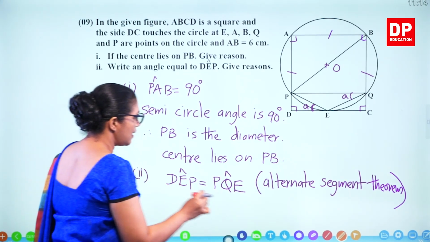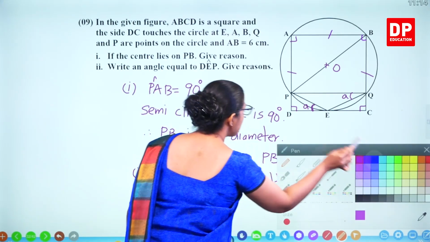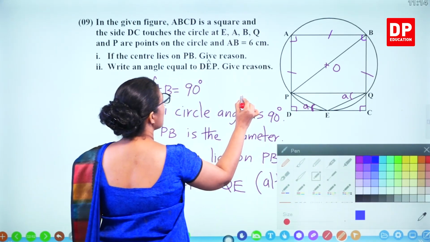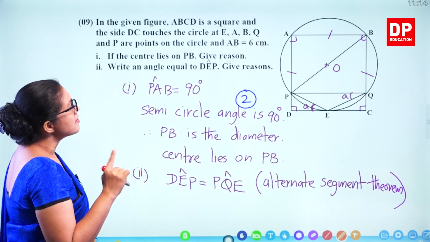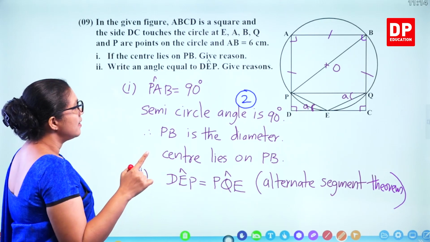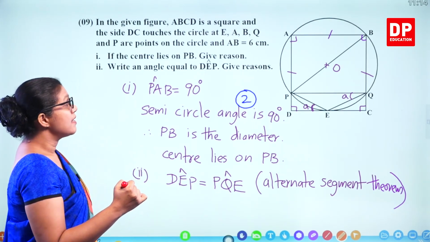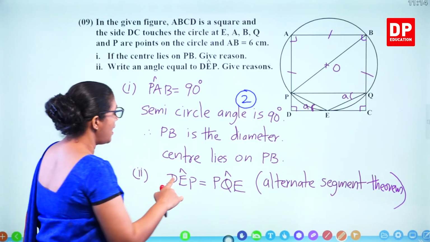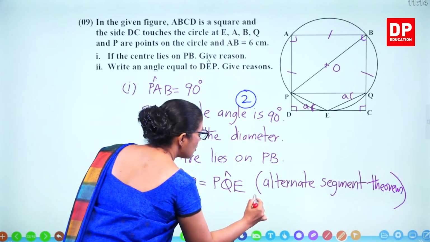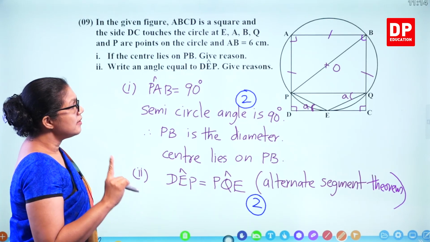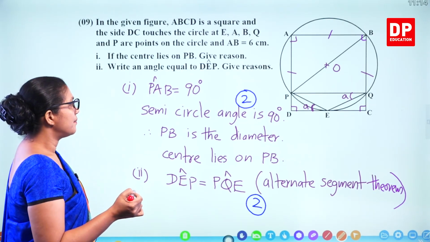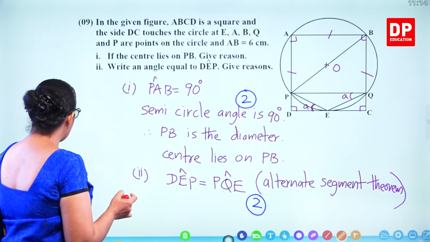So we can give 2 marks for this step: identifying this is the semicircle and the center is on PB, and here 2 marks for identifying this one angle using the alternate segment theorem. We'll do the next part.